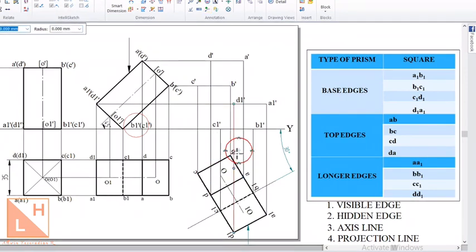So looking from bottom to top, the point that belongs to the solid and which is farthest is going to be the point B. We'll identify the farthest point as point B, looking from bottom to top direction. So the edges emerging from this point B will be the hidden edges in the final position.